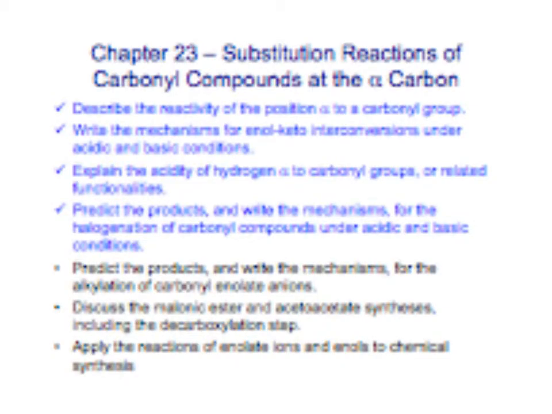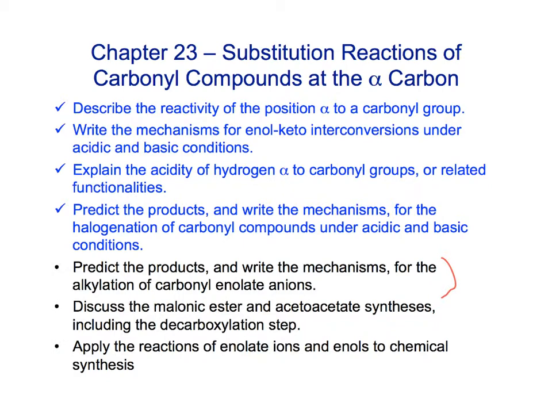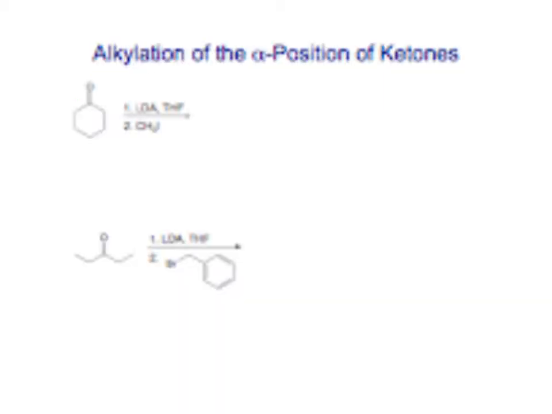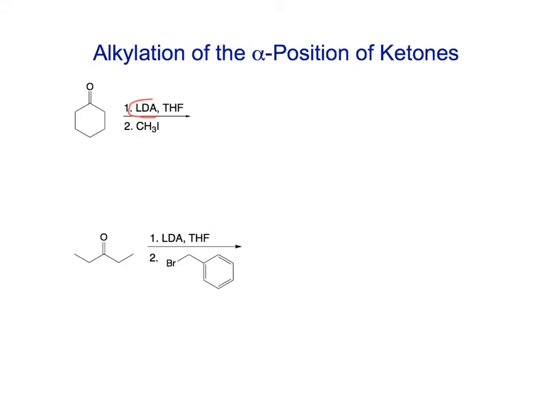So here we are down here. Predict the products, write the mechanisms for the alkylation reaction. Here's a couple of examples. In these cases, the most common base we use is the one we talked about, called LDA. This stands for lithium diisopropylamide.